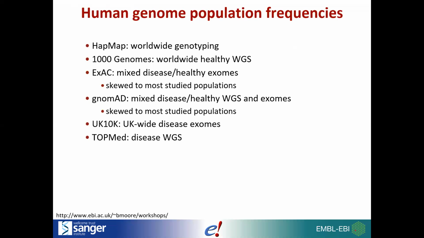It means that they have done only exome sequencing, not full genome sequencing, and they have included the annotation of what the disease was in that individual, so that we could try to find disease-associated variants from the data.